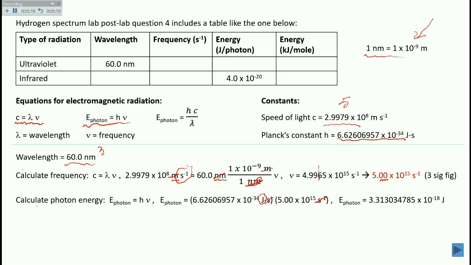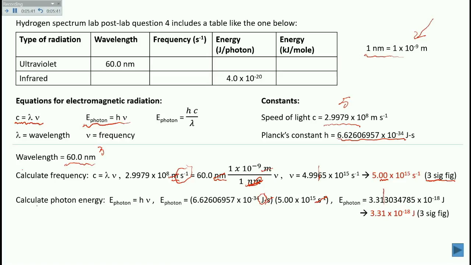Too many digits. I see that Planck's constant contributes plenty of significant figures. So once again, I'm limited by the 3 sig figs of the frequency. I'll need to cut off after 3 sig figs right here. So my final answer will be 3.31 times 10 to the minus 18 joules.